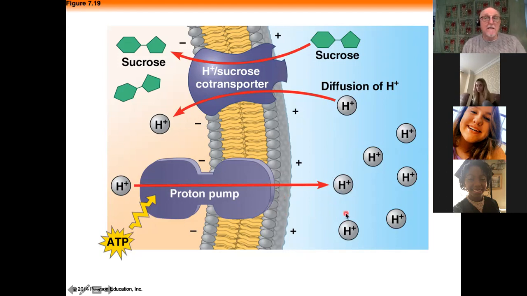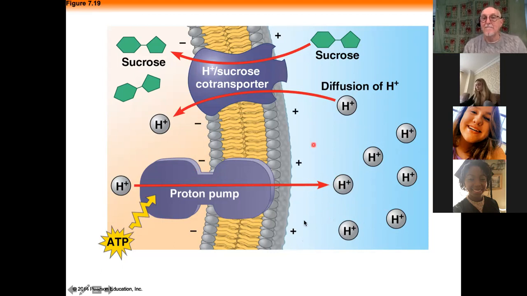When it does this, it can do this for many different reasons. The cell can use this in many different circumstances. But what we're doing is building up what is referred to as a chemiosmotic differential. So first of all, there is a change in charge.